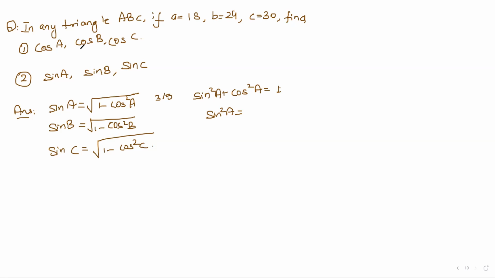So first आपने फाइंड कर लिया cos A, cos B, cos C, and you need to use this formula. ओके सर. Please let me know once you complete it. Sir, done.